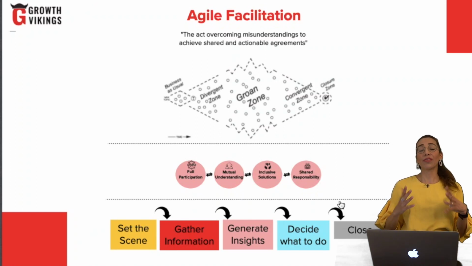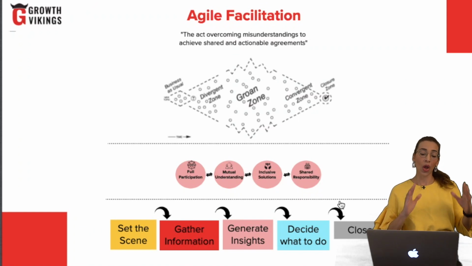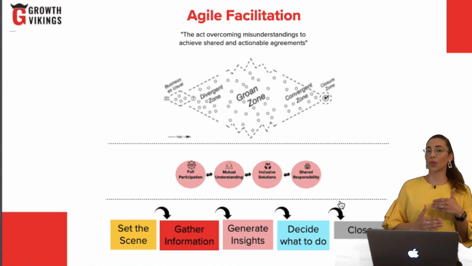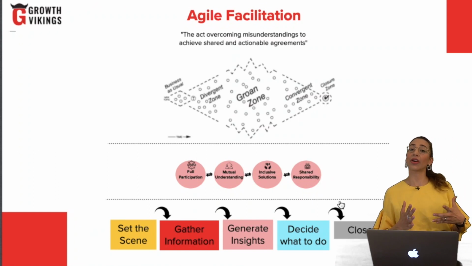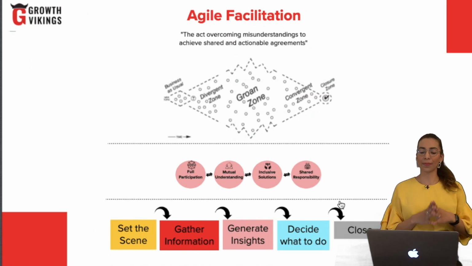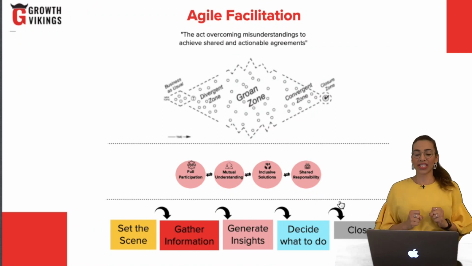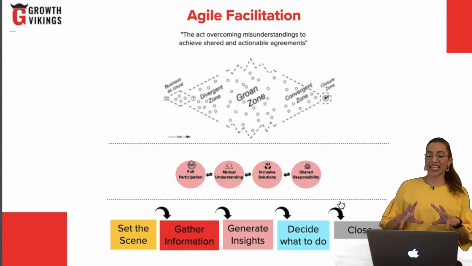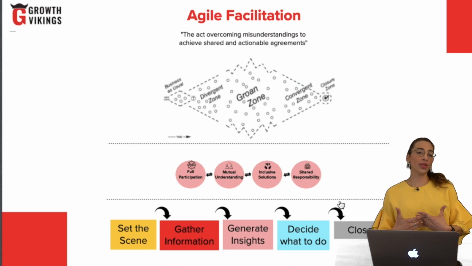Finally, it is important for us to understand that every Agile facilitation has at least 5 key stages. One stage in which we set the scene and we gather the information. That's usually that divergent zone. Another stage in which we generate insights and decide what to do.